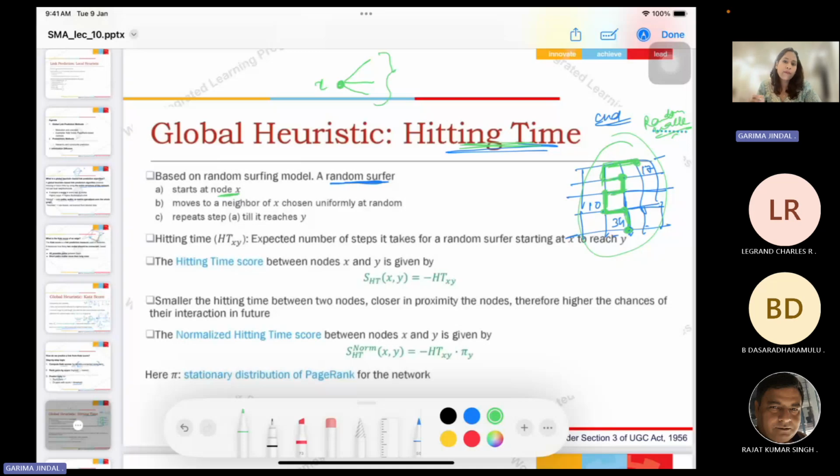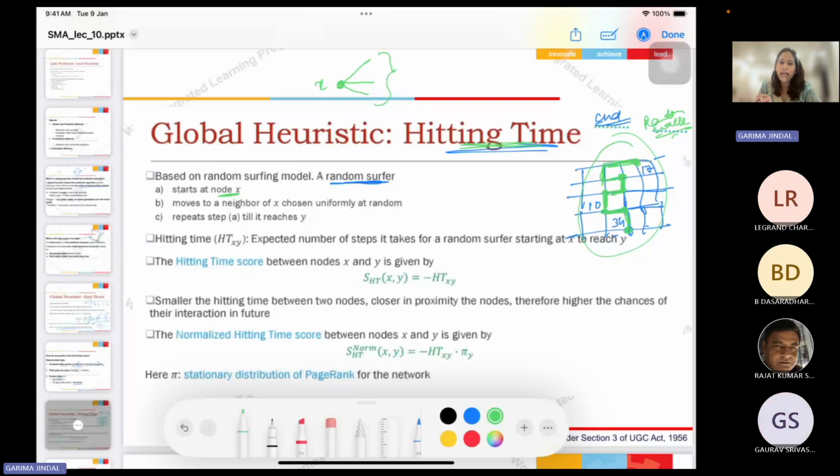From these three neighbors, I will uniformly at random select one of the edges, maybe this edge. From here again I have a few neighbors, and from all of these I will select one of the edges. This process will be continued till I reach node Y.